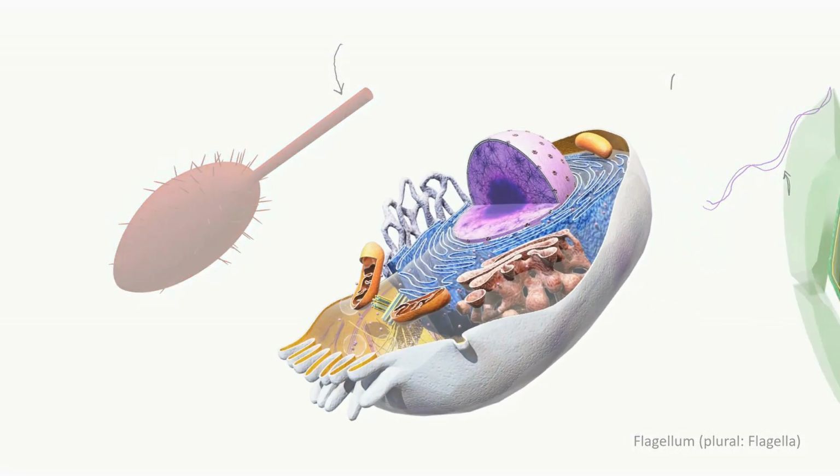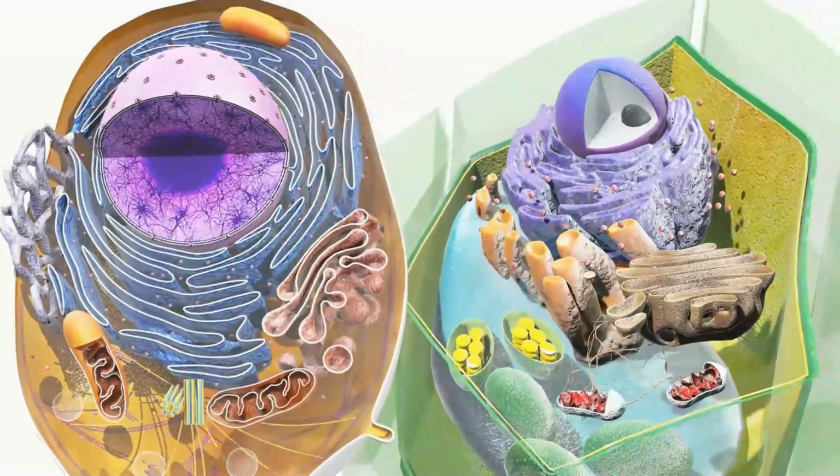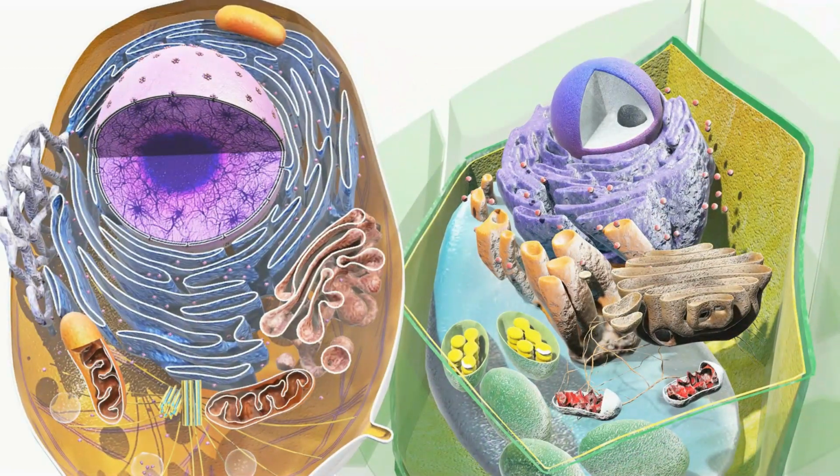Now, moving on to comparing different eukaryotic cells to each other, specifically our plant cells to our animal cells. All eukaryotic cells have a nucleus, as well as their nuclear envelope with nuclear pores, and a nucleolus.